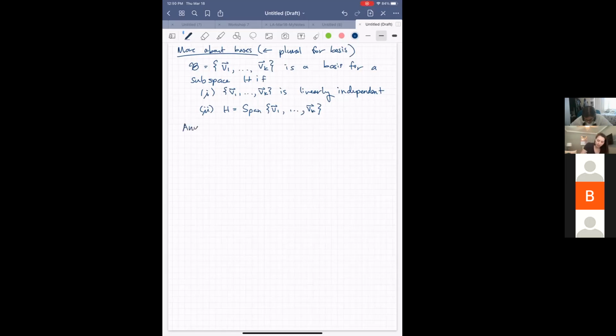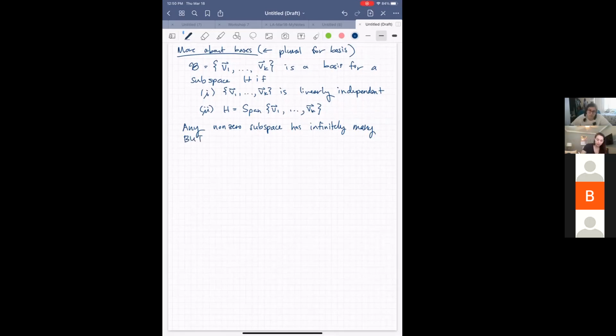Okay, so about bases, we already said that they were not unique, right? But we can actually say more than that. Any non-zero subspace has infinitely many bases. So not only is it not unique, it's very not unique. But there is something that they all have in common, and that is the number of vectors in a basis for a given space.